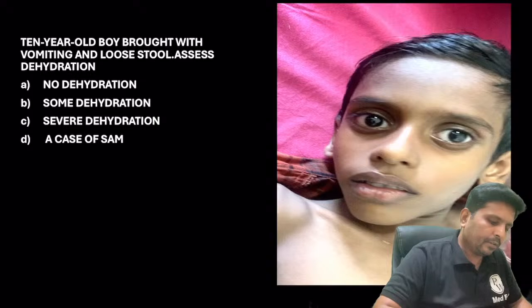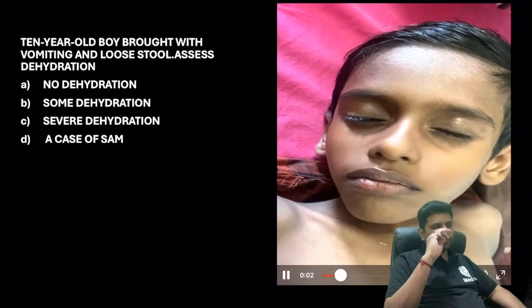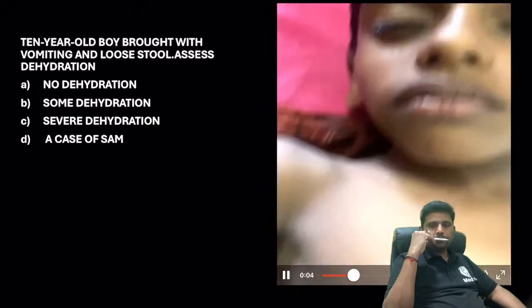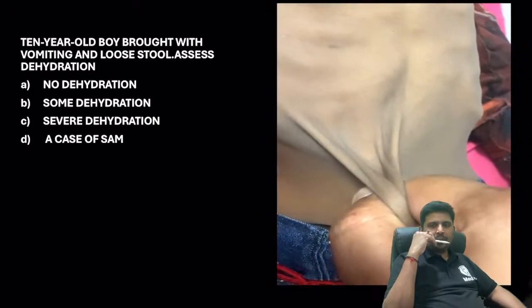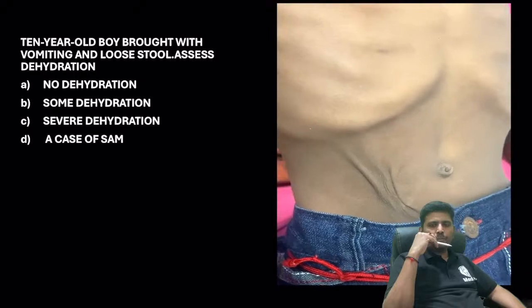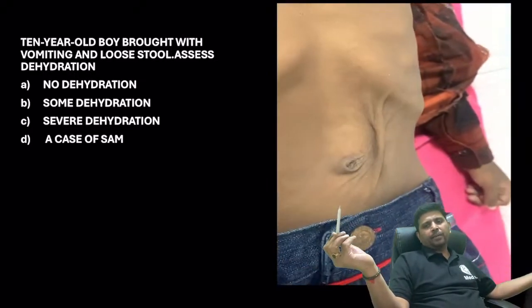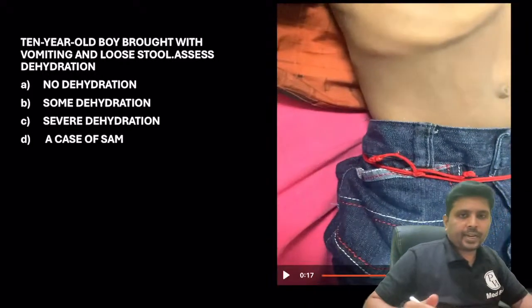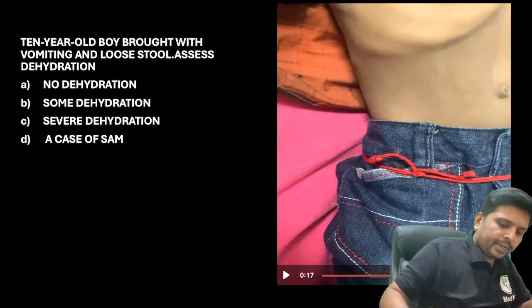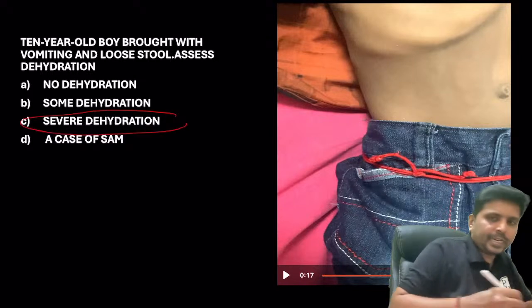Okay, then what is this? Tongue sunken, skin pinch goes back very slowly. Look at this, skin pinch goes back very slowly. And sunken eyes, what does it mean? It is a case of severe dehydration.